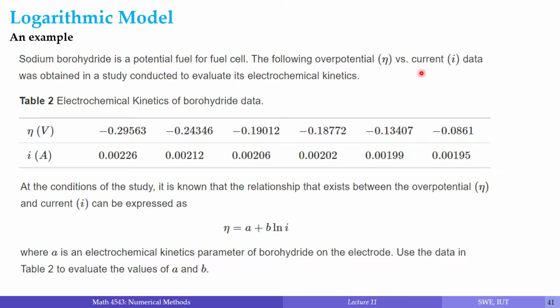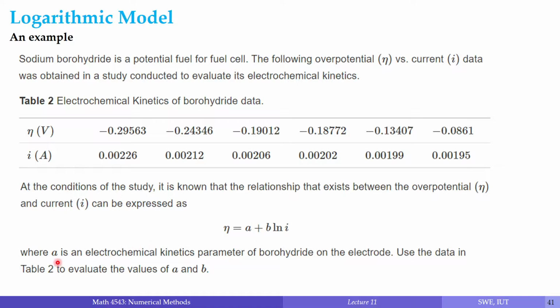So the logarithmic model is eta equals a plus b times ln of I, where I is the current value and eta is the voltage value. Our target is to find the values of a and b.